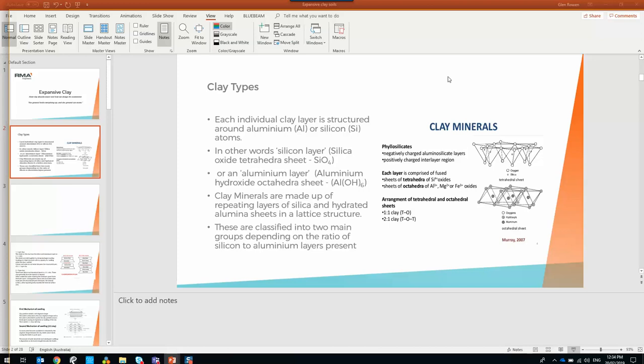It does the macro expansion, then micro, and it can absorb up to 200% of water by weight. And then you get the bad guys, the montmorillonites and smectites, which have got a weak oxygen bond, and they can absorb, in extreme cases, up to 700% of their weight, macro then micro. So they're the bad guys that we have to deal with.